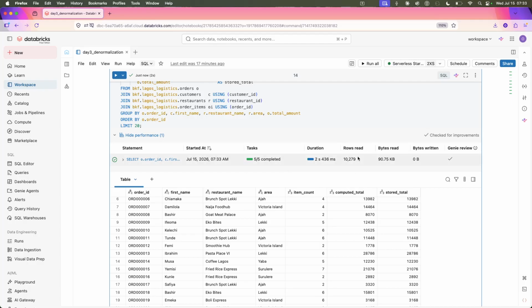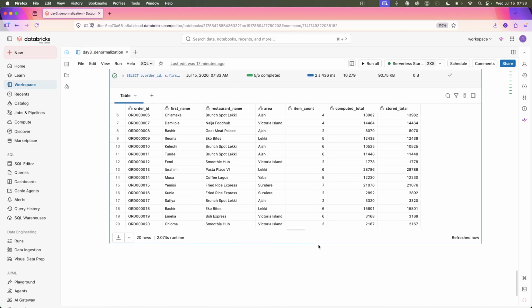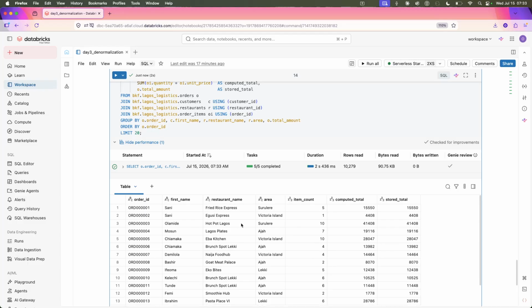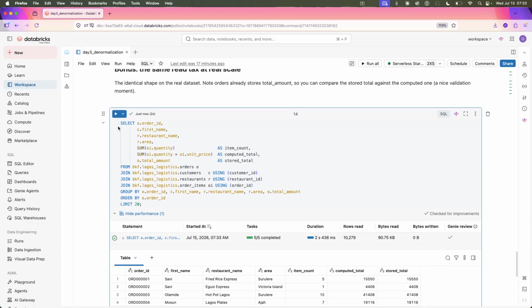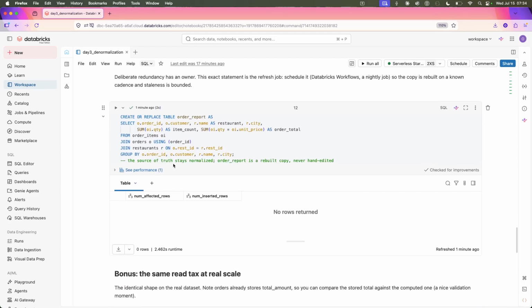There is a lot of rows that were read into this. What we can use for this one is to build a kind of staging table where we materialize everything, right? So instead of doing the join at the time that you need it, you would have already done it when your pipeline is running, when you are bringing data from different places.